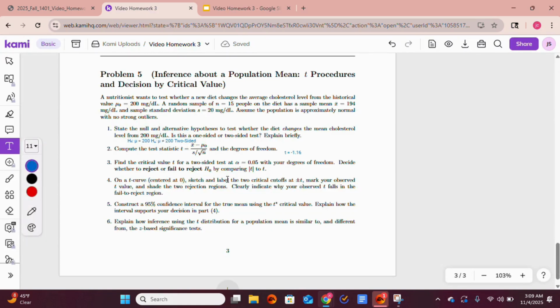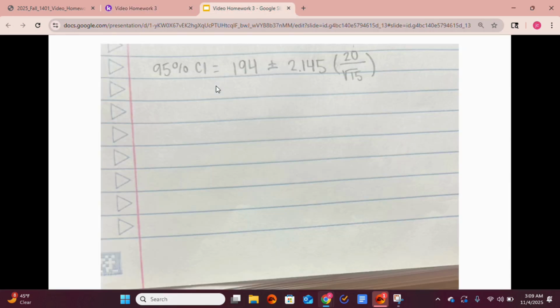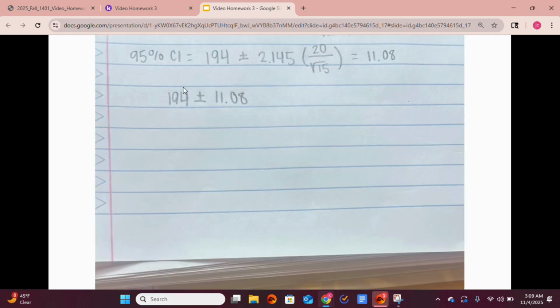Now moving on to question 5, it asks us to construct a 95% confidence interval for the true mean using the t critical value. Explain how the interval supports your decision in part 4. First, we set up our equation, 194 plus or minus 2.145 times 20 over the square root of 15. We would get 11.08 for that value, so we would have 194 plus or minus 11.08.